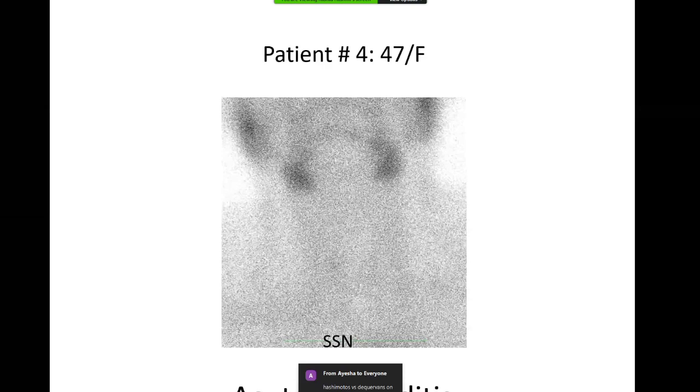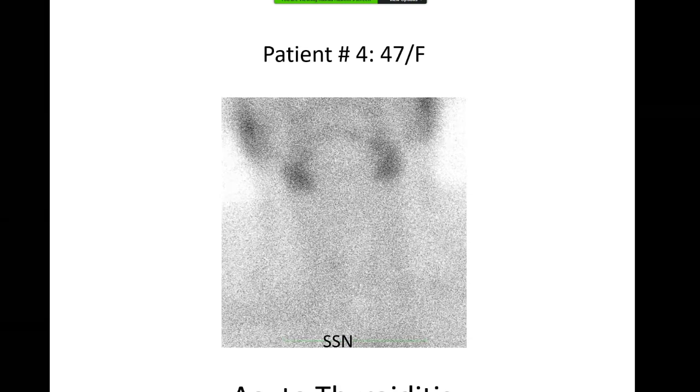Now, I would like to address one question that came up in the chat, which is about the discordant nodule. The discordant nodule basically refers to a nodule that shows uptake on the thyroid scan, but is non-functioning on an iodine 123 or iodine 131 scan.